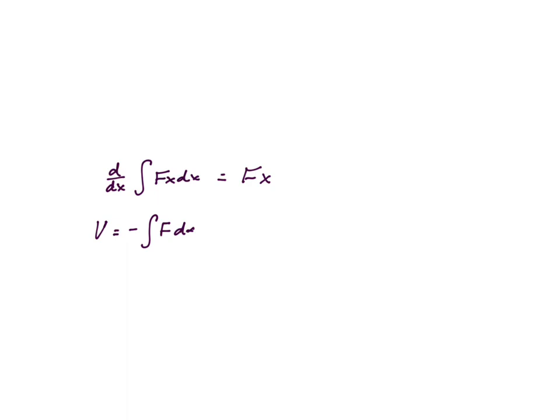Then what could I do to find force? Given force, I integrate to get potential. But what if I am given potential? How do I get the force? Take the derivative, because the derivative of the integral is the function. So it works both ways.